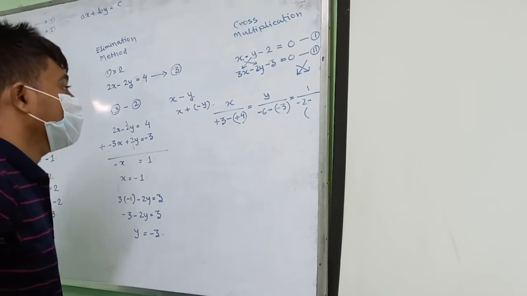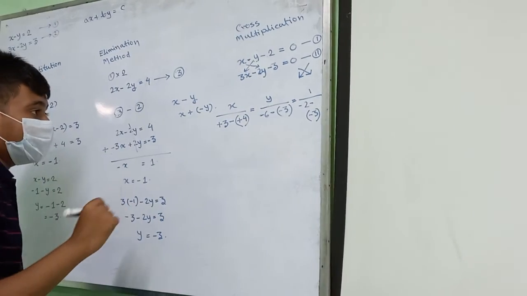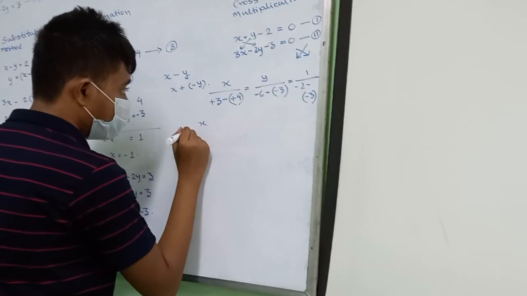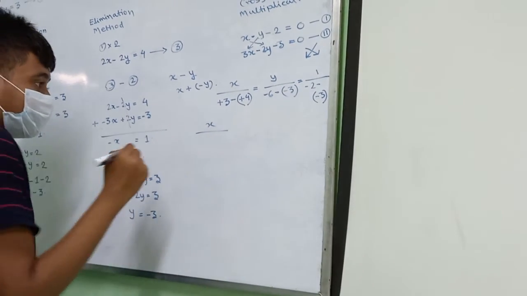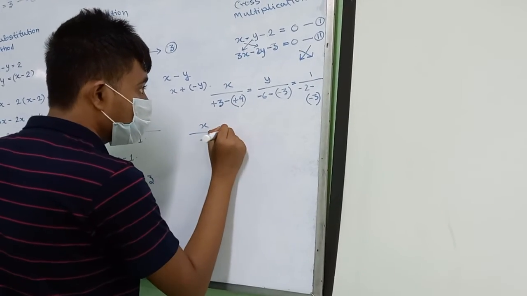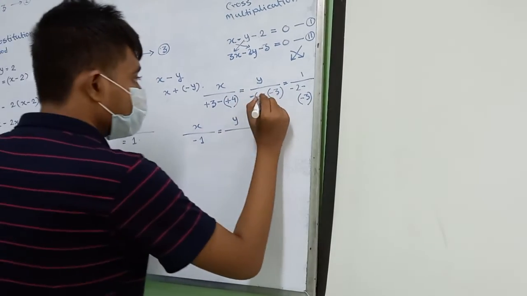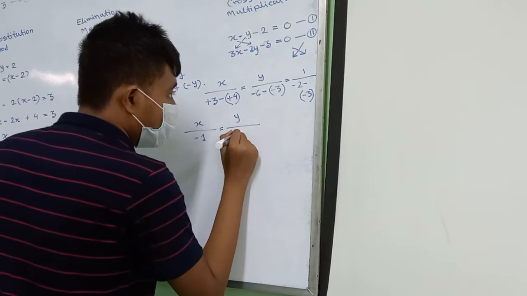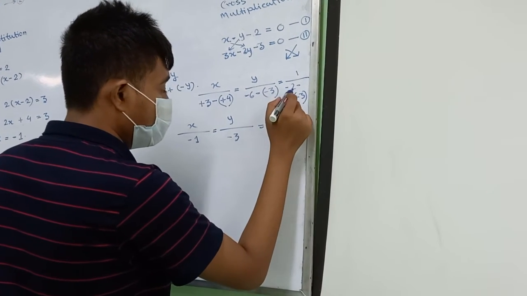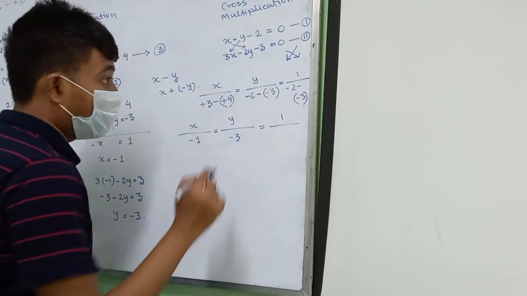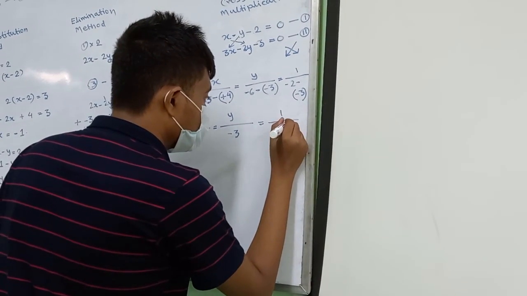So -1 into 3, which is -3. Now we get a form, let's calculate: minus plus 3 minus 4, which is -1, -6 minus plus 3, which is -3, equals -3 plus -2 minus plus 3, which is +1.